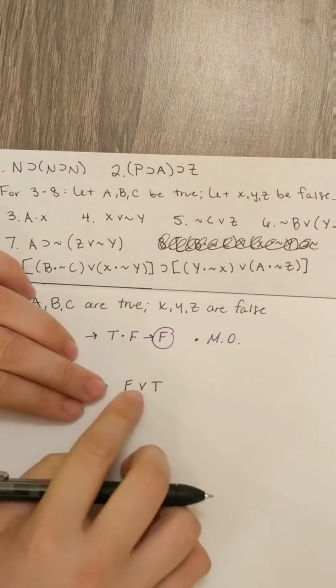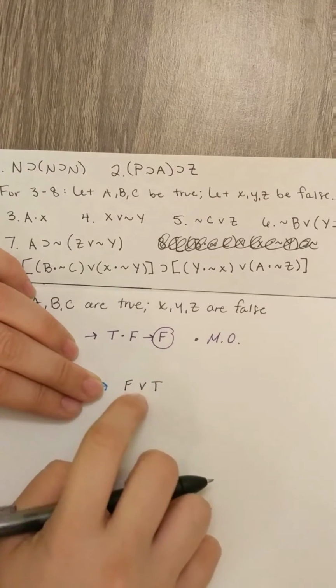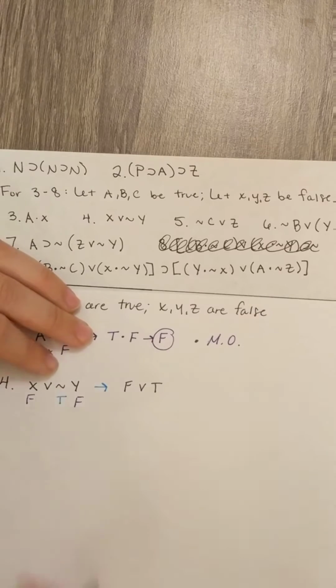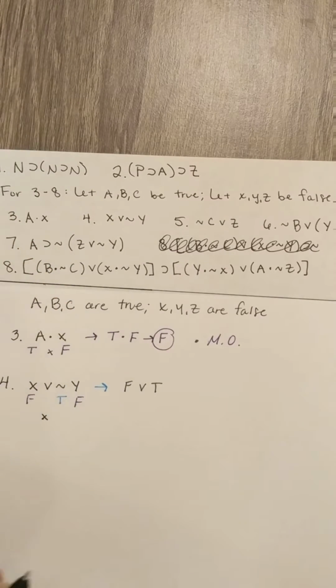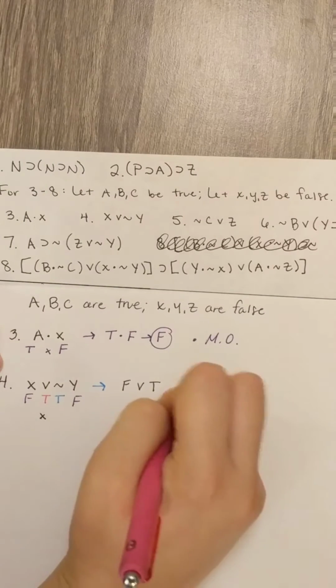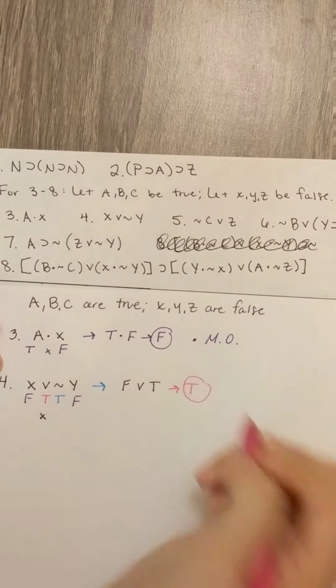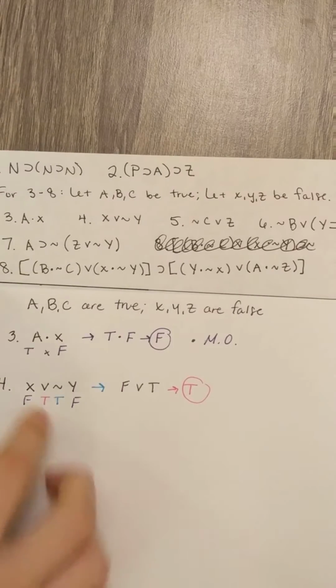So now I have a proposition with just one operator, so the or is my main operator. And false or true is true. So the main operator is true, so the statement is true. The whole proposition is true.